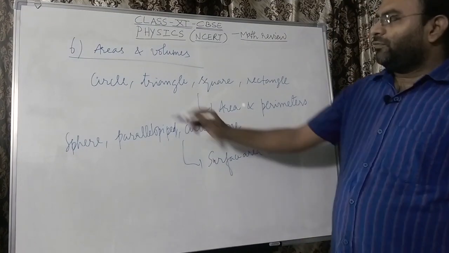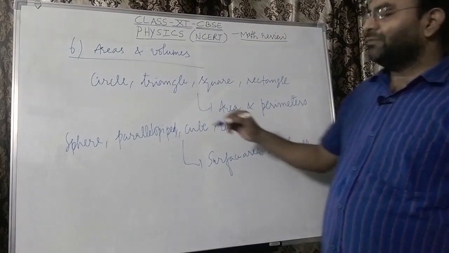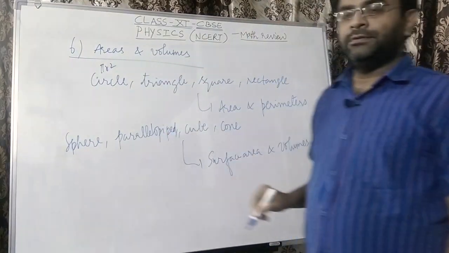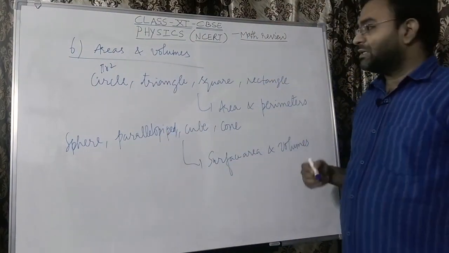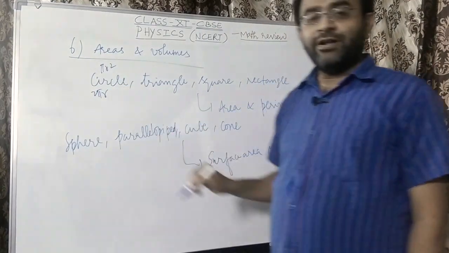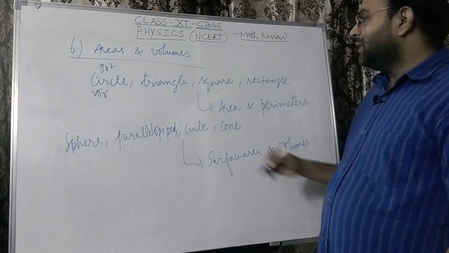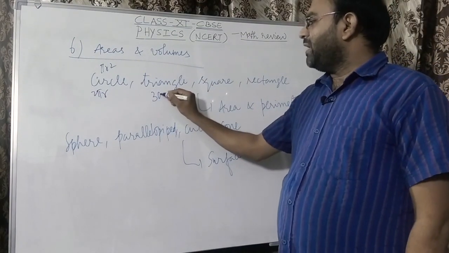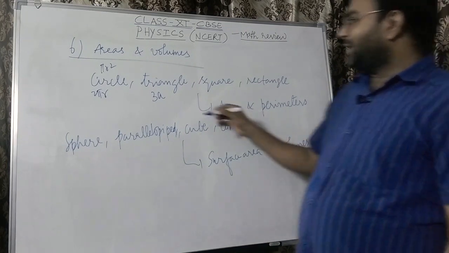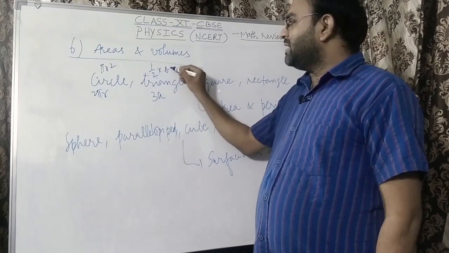So, for example, a circle is a two-dimensional figure, and area of the circle of radius r is pi r squared. And the perimeter is nothing but the circumference of the circle, which is 2 pi r, if r is the radius of the circle. Similarly, for a triangle of side A, the perimeter is 3 times A, if it's an equilateral triangle, and the area is half into base into height.